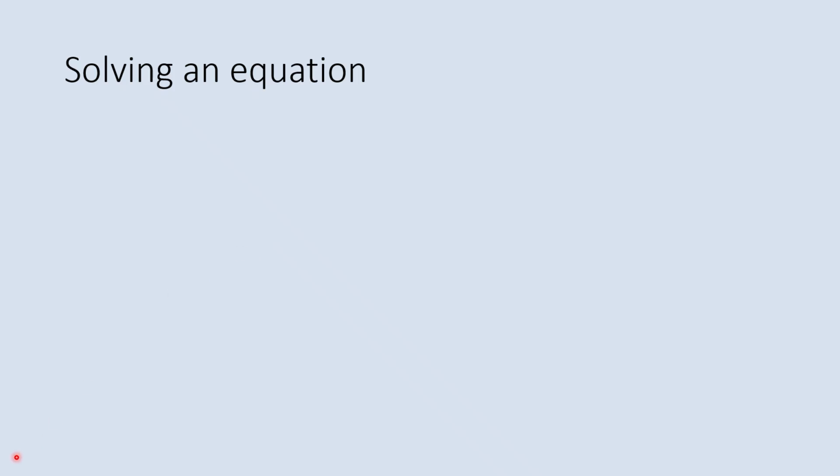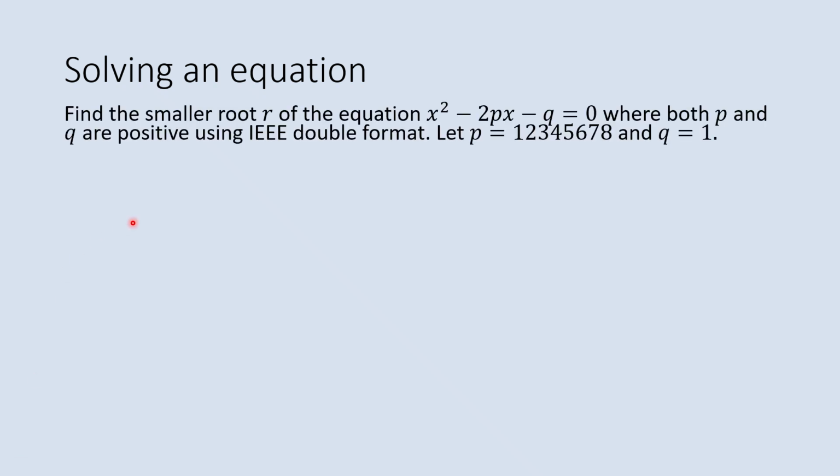So we're going to solve an equation, and we're going to use the full IEEE standard in this calculation. The equation that we're going to solve is a quadratic equation. And our task is to find the smaller root of this particular kind of quadratic equation. It's not a general equation. This is a very specific type of equation.